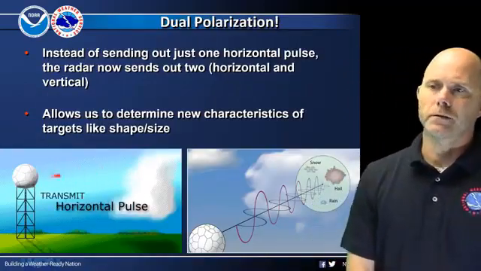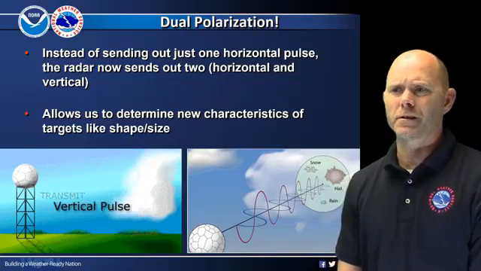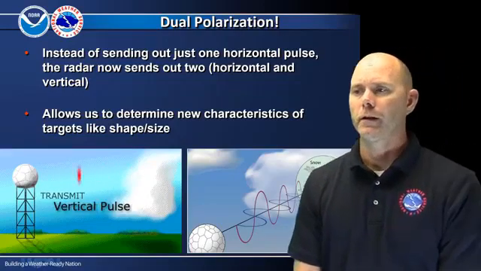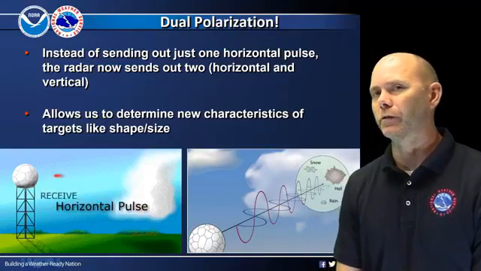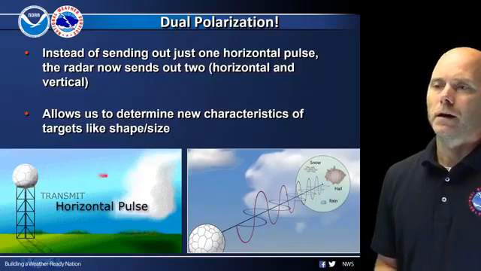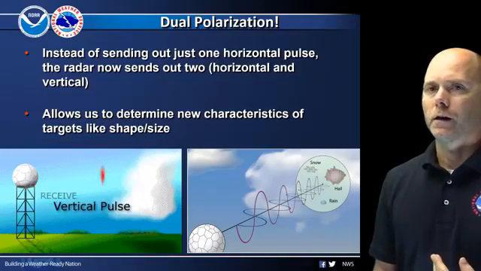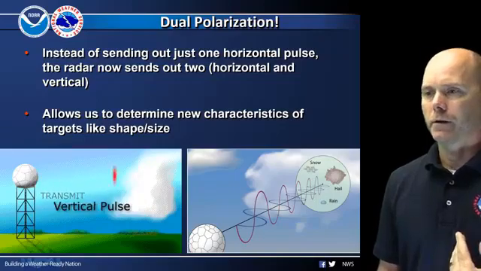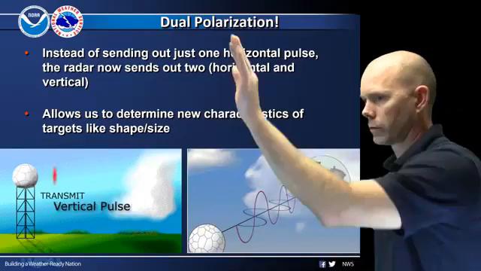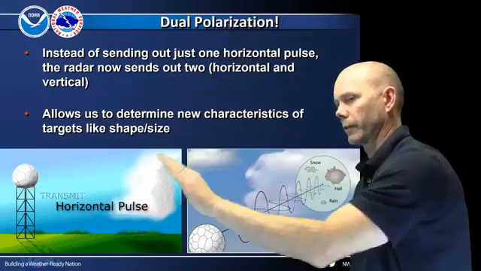Another aspect of radar that's pretty new, we started using it here in about 2013, is dual polarization. It can get pretty tricky to describe the science and physics of how it works. But simply, before dual polarization, the electromagnetic waves that came out of our radar were oriented only horizontally.